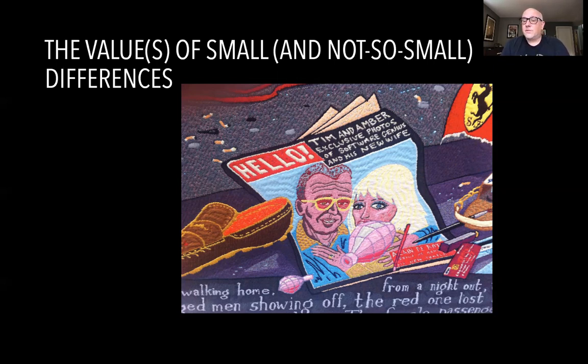Which gets us to the thesis of the vanity of small differences, right? Which is that, as described in that video of Grayson Perry, what brought about this project was a study of values, class, and taste in contemporary Britain.